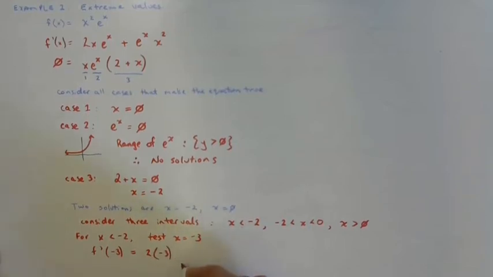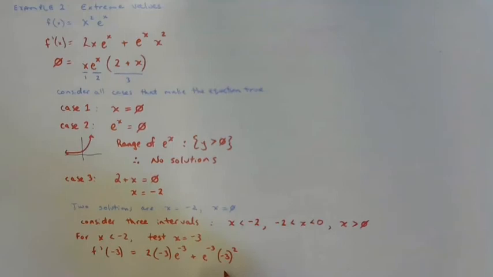So I've got 2 times, in brackets, -3 times e to the power of -3 plus e to the power of -3 times x, times -3 squared.